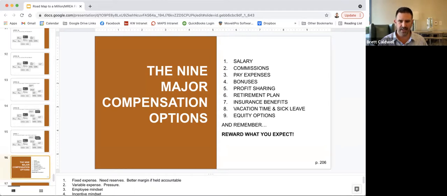And then equity options, that really speaks to the partnership of being in business with people from a partnership level long-term. You see the legal industry doing this a lot. You see the financial industry, the Deloittes of the world, the Arthur Andersons, they earn partner level within the company. So those are really the 9 major ways you can compensate people.